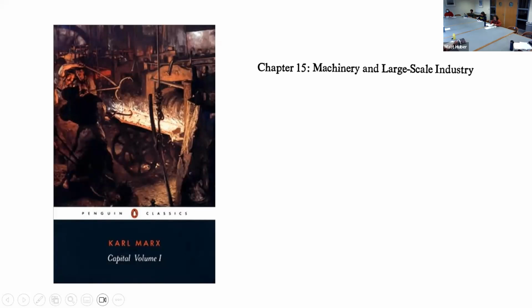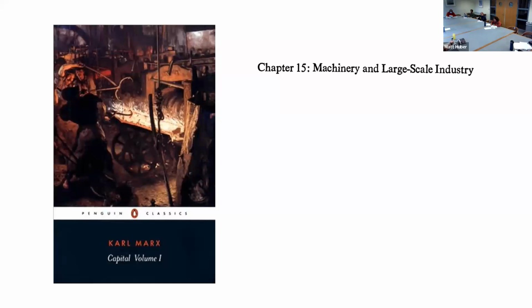All right. So this chapter, it's really hard for me to figure out how to organize a lecture on it, because to me it's an empirical chapter that's illustrating his theory of relative surplus value through machinery.